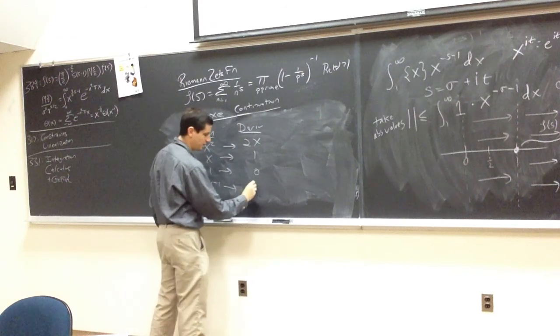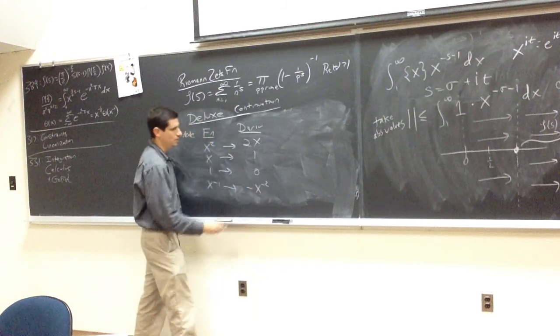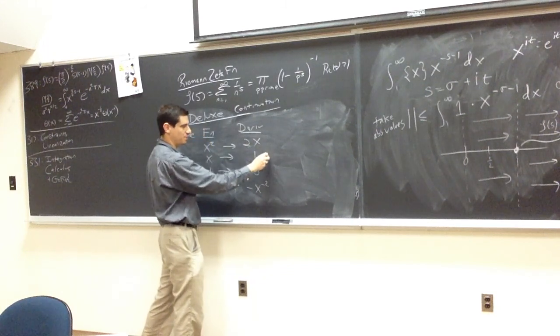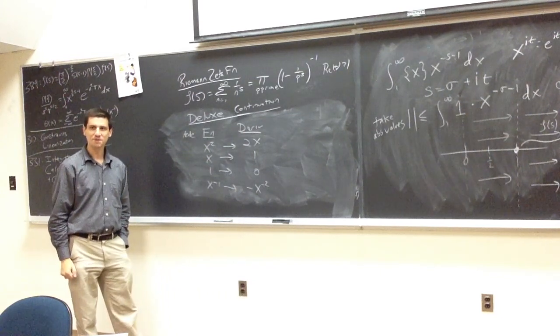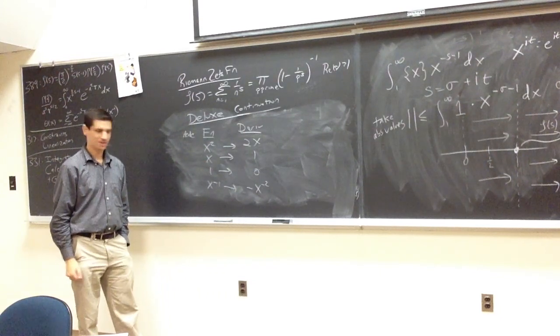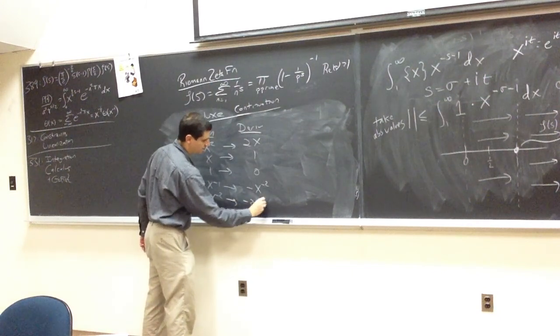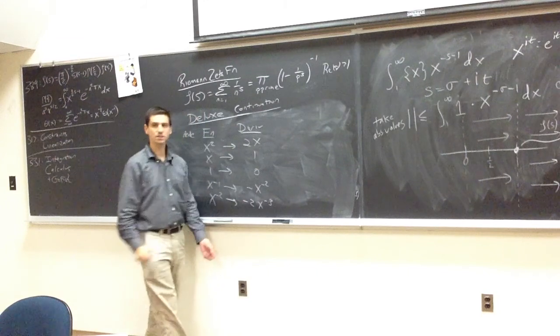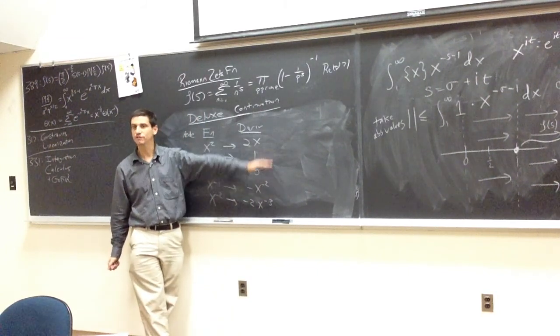No. Negative x to the negative 2. Look, this is to the first power, to the 0th power, to the negative 2 power. There's something missing. If I do x to the negative 2, this goes to negative 2 x to the negative 3. The powers are decreasing by 1. Something is wrong here. I don't have a 1 over x.